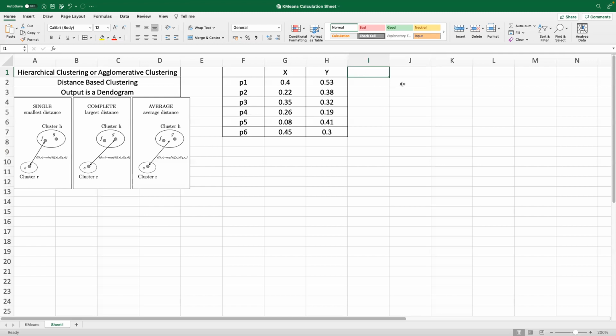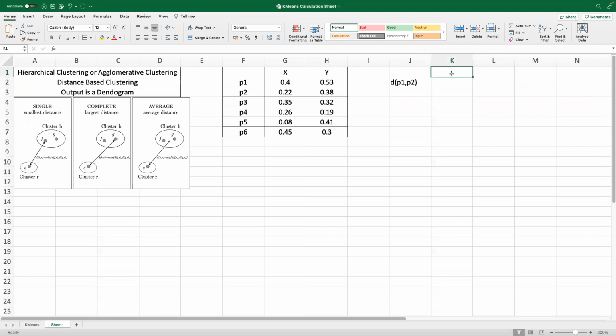Now, let us say we want to calculate the distance between different points: point 1 to point 2, point 1 to point 3, point 1 to point 4. You can calculate different distances, right? So take, for example, the distance between point 1 and point 2.